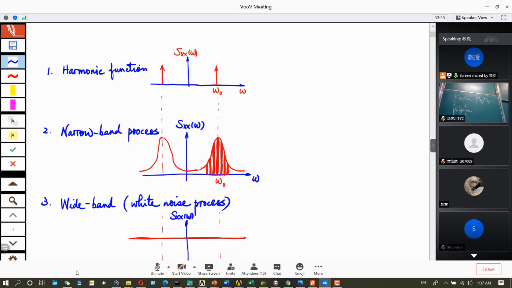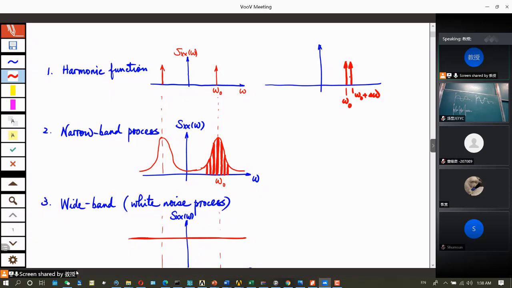Can we sketch this? Okay, so this is omega 0, this is omega 0 plus some difference, delta omega. So we only have two components.